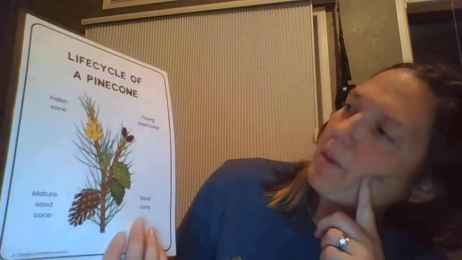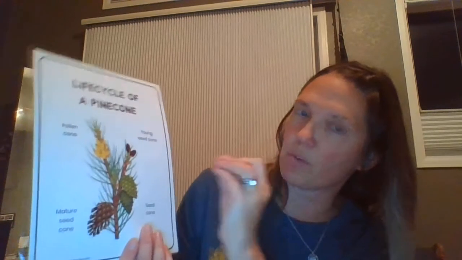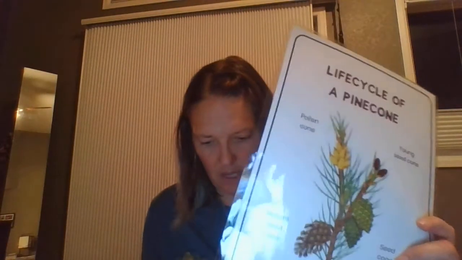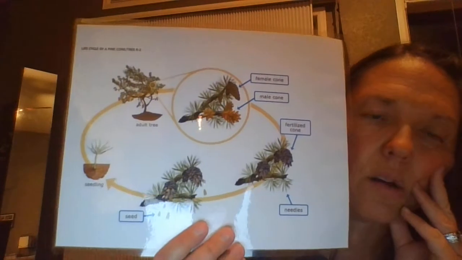We'll talk about the male cones, the pollen cones, and then the seed cones and how they germinate. And there's this version of that. And then there's a more complicated version that talks about the life cycle of the tree, which you can review with the kids.